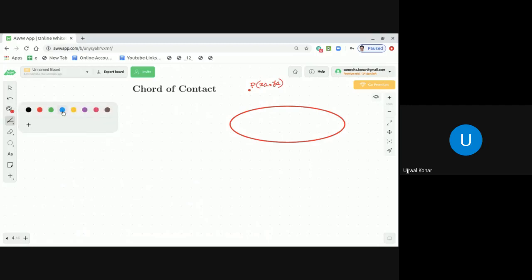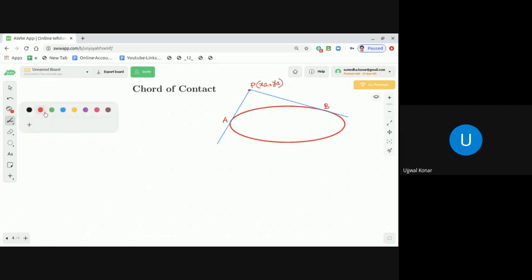Now, dear students, from that external point P, having coordinates (x1, y1), we are able to draw two tangents. Let me draw these two tangents in blue. This is one tangent, and this is another tangent. Let's assume these two tangents touch the ellipse at two particular points, one is the point A, and the other is the point B. Now, dear students, we can join these two points A and B, and we will get a chord of that ellipse, correct or not?